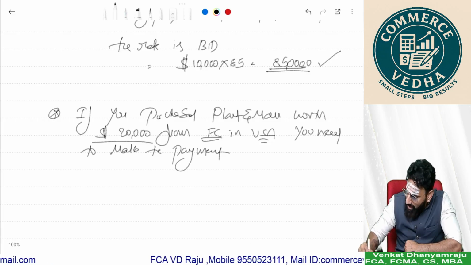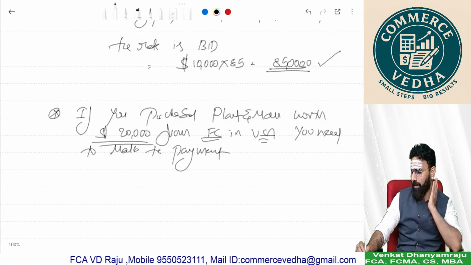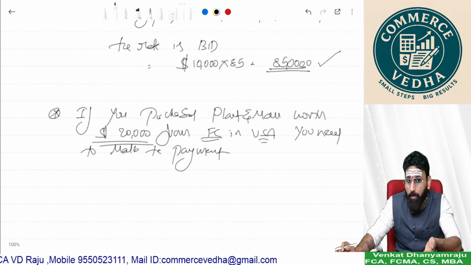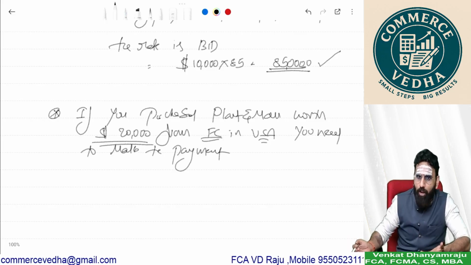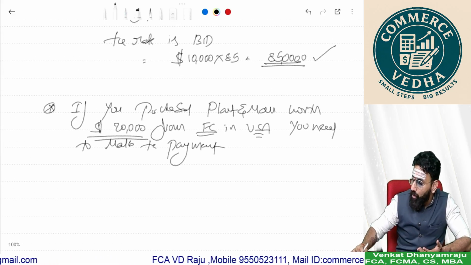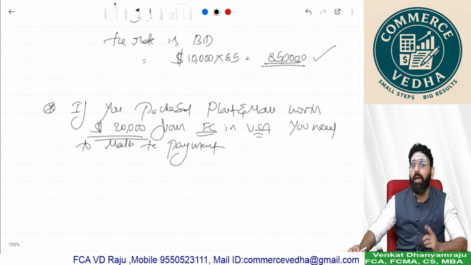Now, you purchased machinery for $20,000 and you have to make the payment. If you have to make the payment, you need dollars. Here, you are buying dollars and the banker is selling.